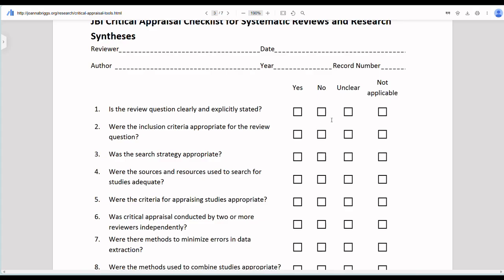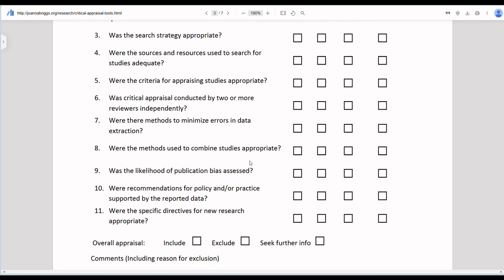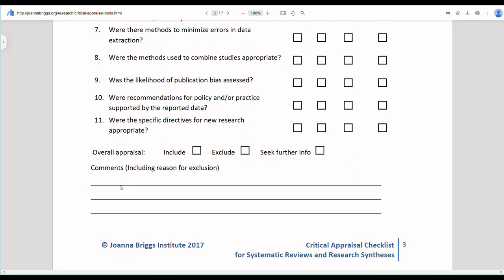Yes, no, unclear, not applicable. Were the inclusion criteria appropriate for the review question? Was the search strategy appropriate? So, you answer these questions and eventually you come up with a decision. The overall appraisal: is it to include it, to exclude it, or to seek further information about it? So, you make comments, and for exclusion, if you are excluding it, there must be a reason. Remember, it has to be reported in the PRISMA flow diagram.